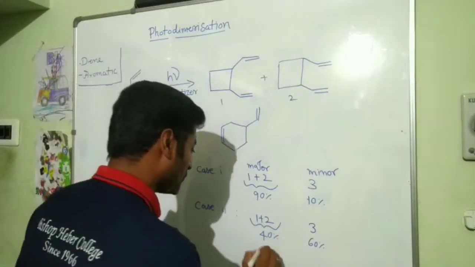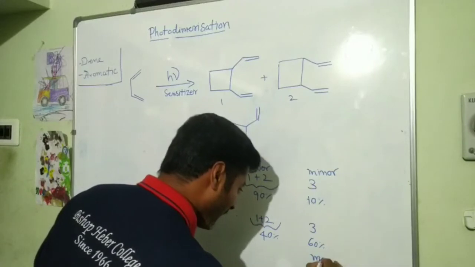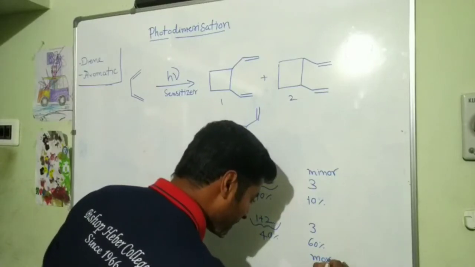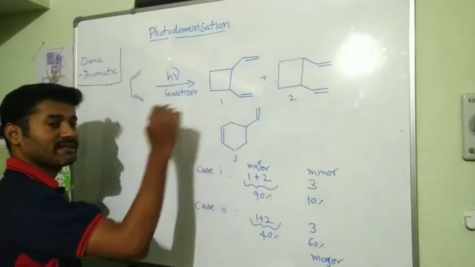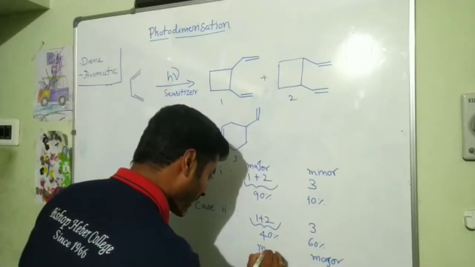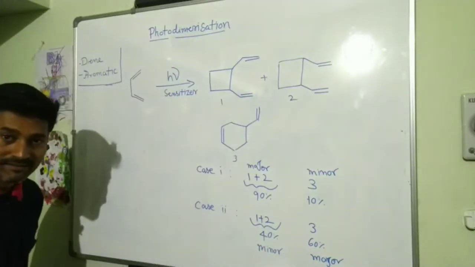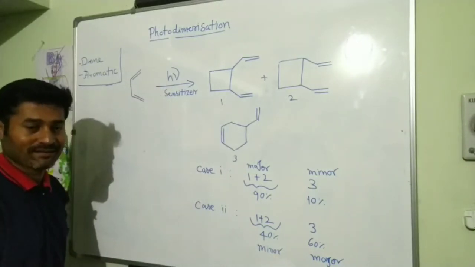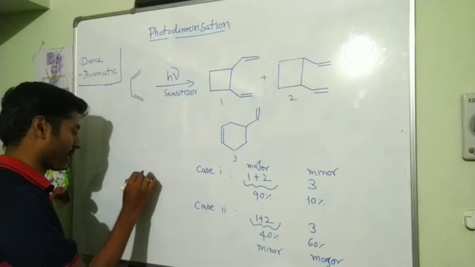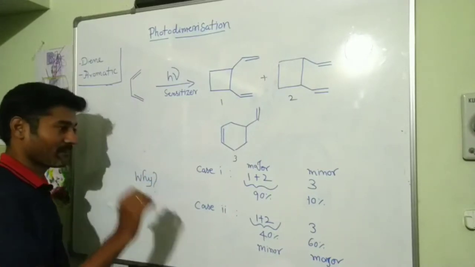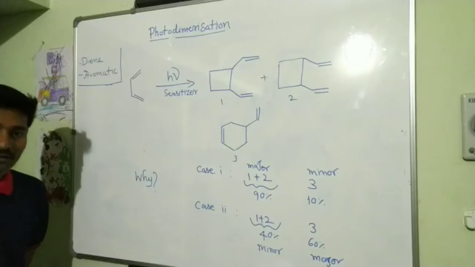And in case 2, vinyl cyclohexane will be the major product, and di-substituted cyclobutane will be the minor product. Okay, as usual, why? We'll discuss.